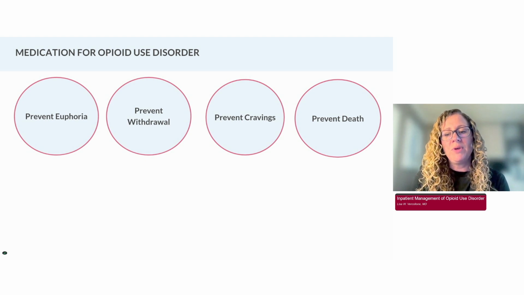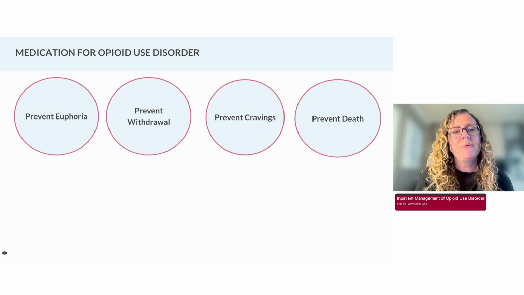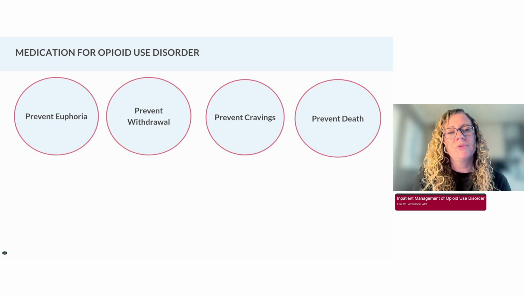And so we want to put patients on medication for opioid use disorder. These medications are designed to prevent the euphoria and to prevent patients from going into withdrawal or even treat the present withdrawal, to prevent cravings and prevent death.